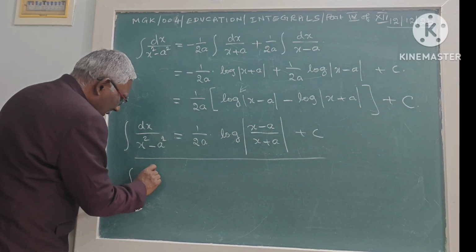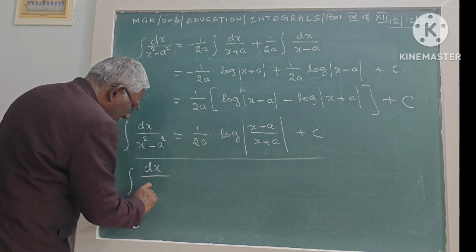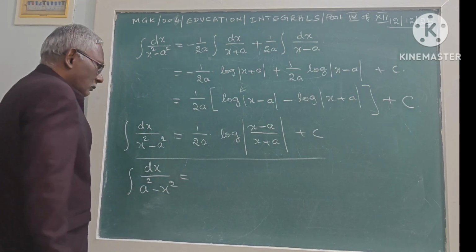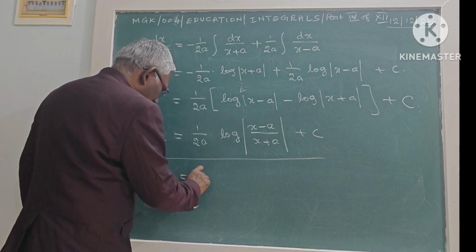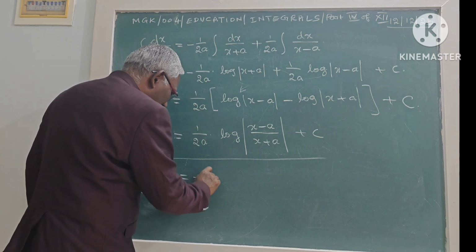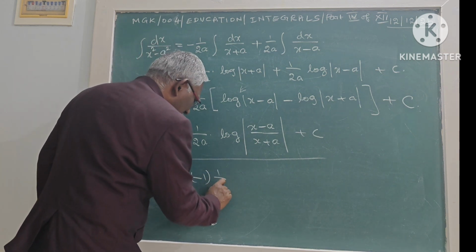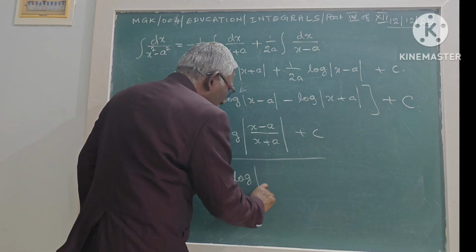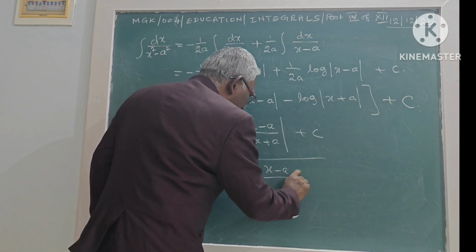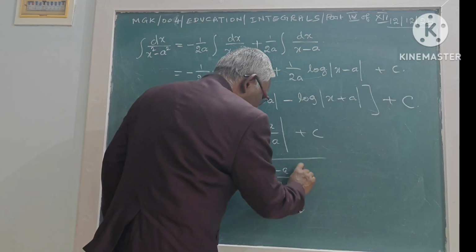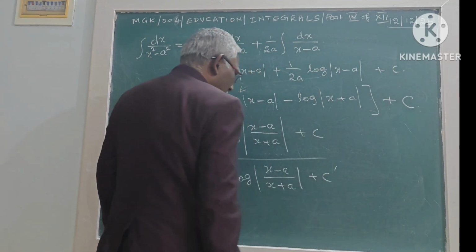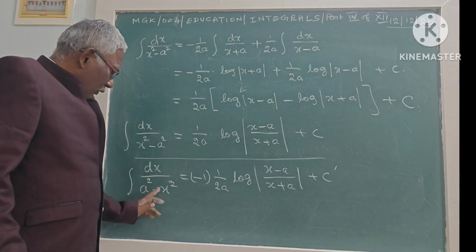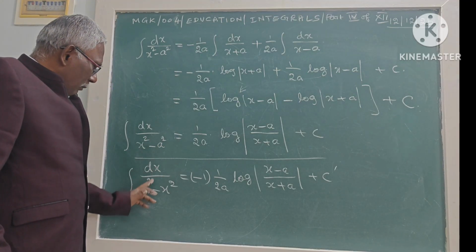Integral dx by a square minus x square is nothing but minus 1 times 1 by 2a log of x minus a by x plus a, since we are multiplying x square minus a square by minus 1.